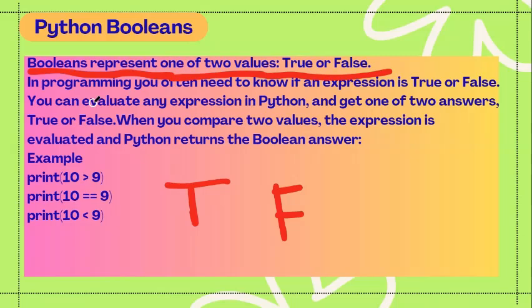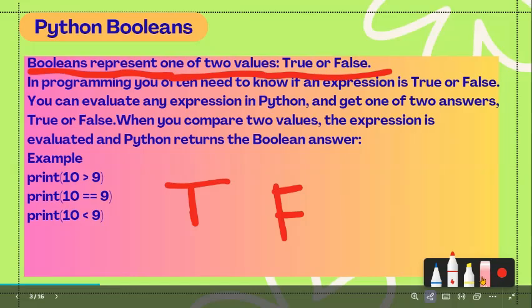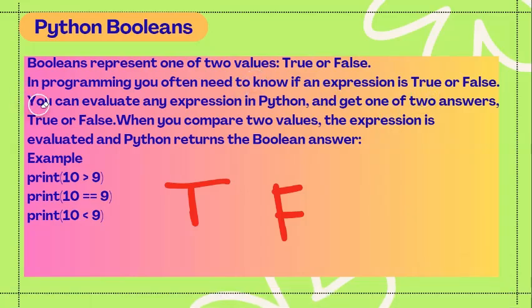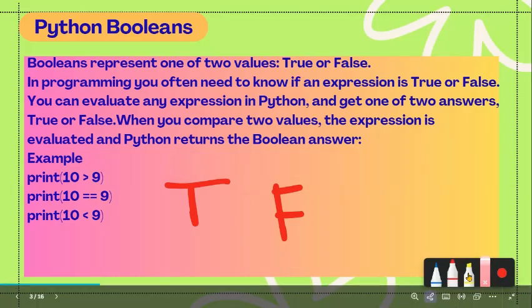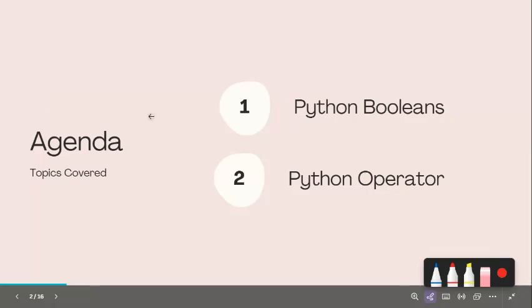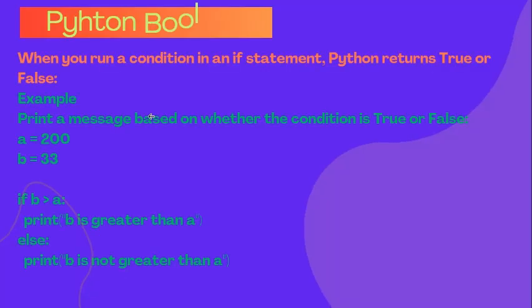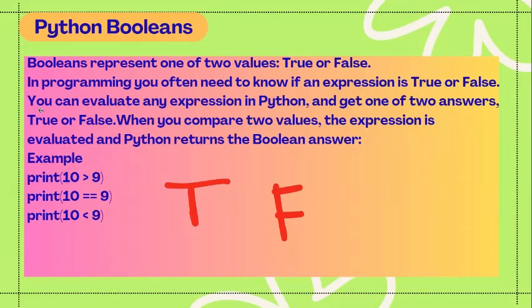In programming, you have often seen, or you need to know, if an expression is true or false. You can evaluate any expression in Python and get one of two answers, true or false.